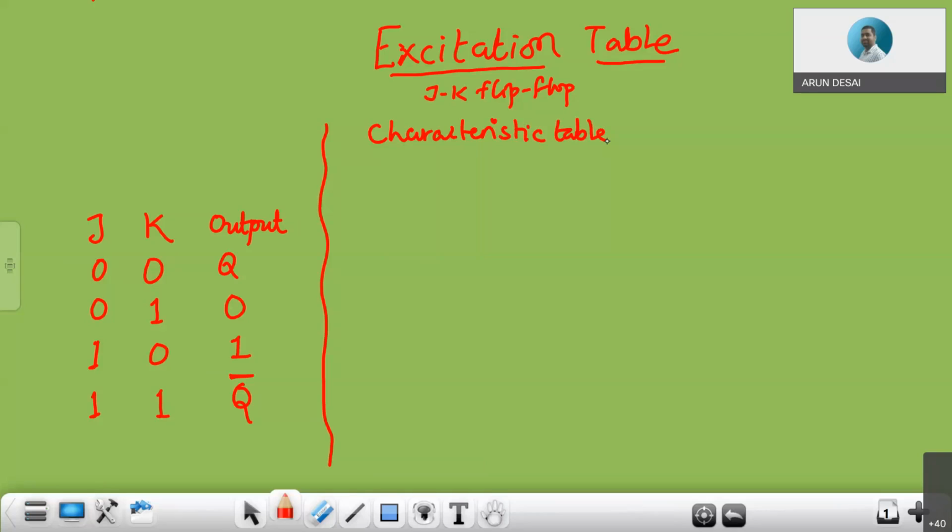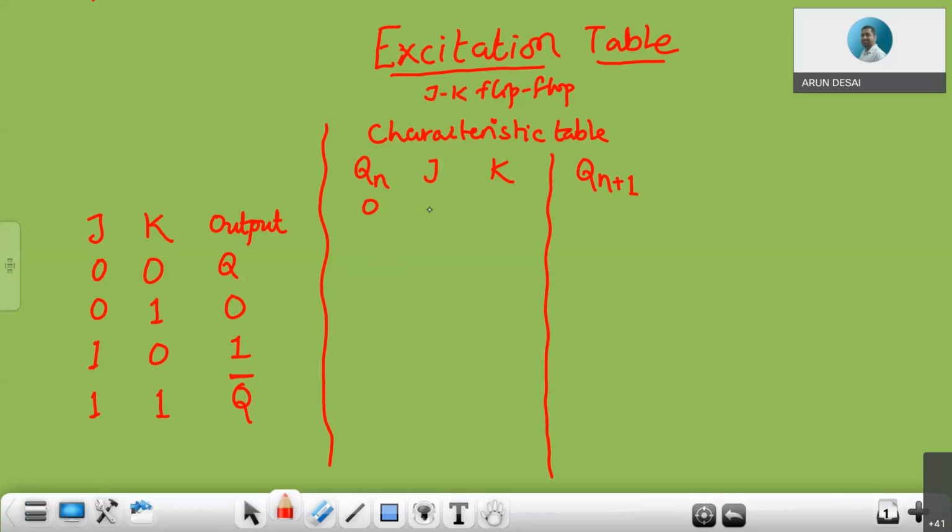What we require in this case is two inputs and the previous output. If we call the previous output Qn, then my next output will be Qn+1, right? So we need to find the next output based on the previous output and inputs. So this is my combination for three inputs.